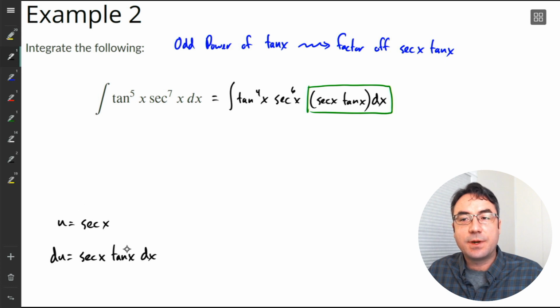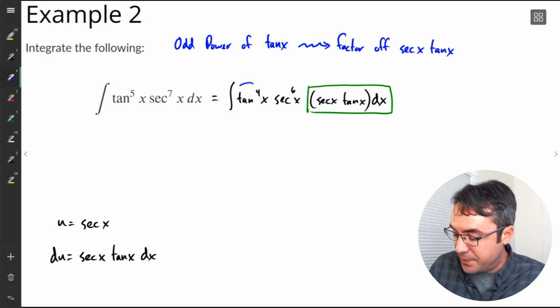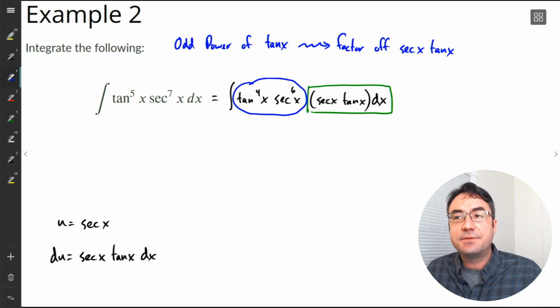All right, so it helps to write this down first, because then that tells us, back up here, all of these remaining pieces, we have to convert everything that we see in here. Forget about the secant times tangent. We have to convert everything that we see here into secants.